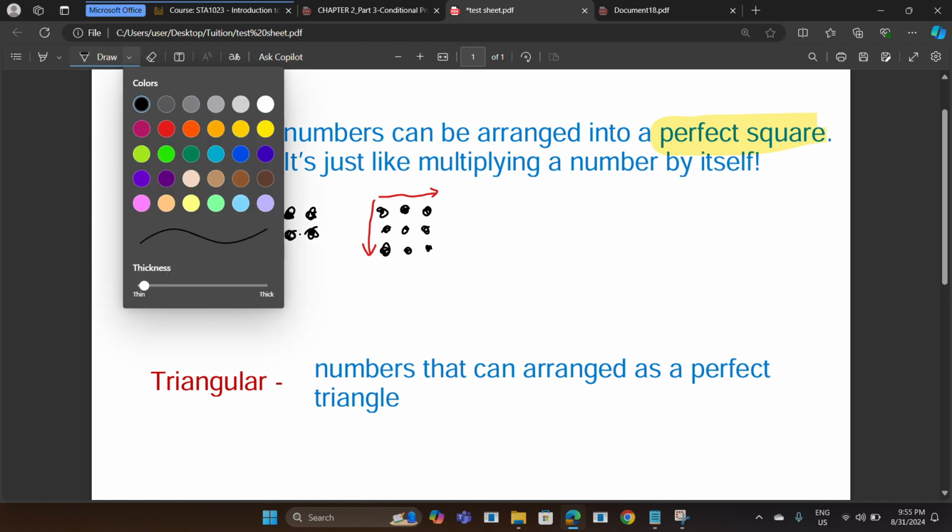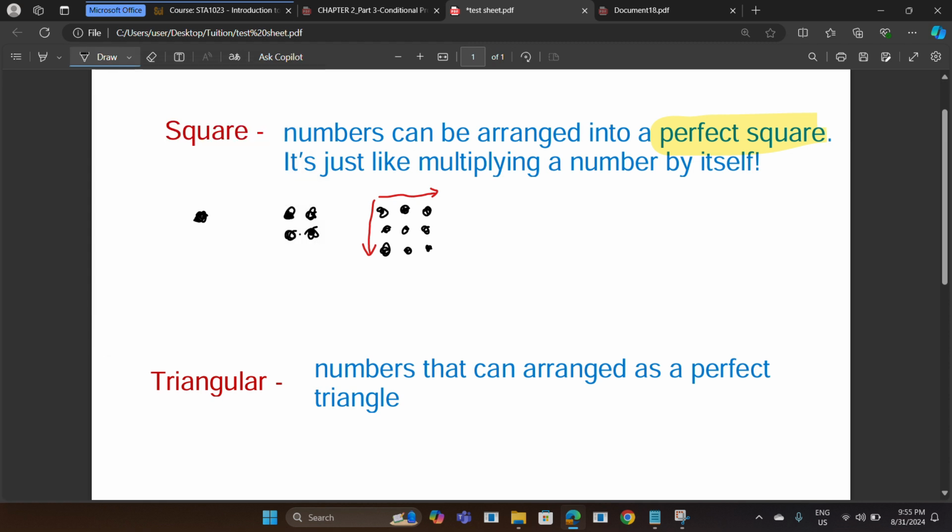Let's take the fourth square number. There are 4 dots horizontally and also 4 dots vertically. So the fourth square number is 16.